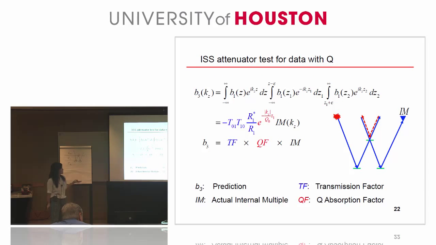Okay, so this is the integral formula. Let's look inside. There are three b1 here, corresponding to these three events. We can see that in the integral limit there is epsilon. The epsilon here is used to make sure these three events satisfy the deeper, shallower, deeper relationship in the pseudo-depth domain.